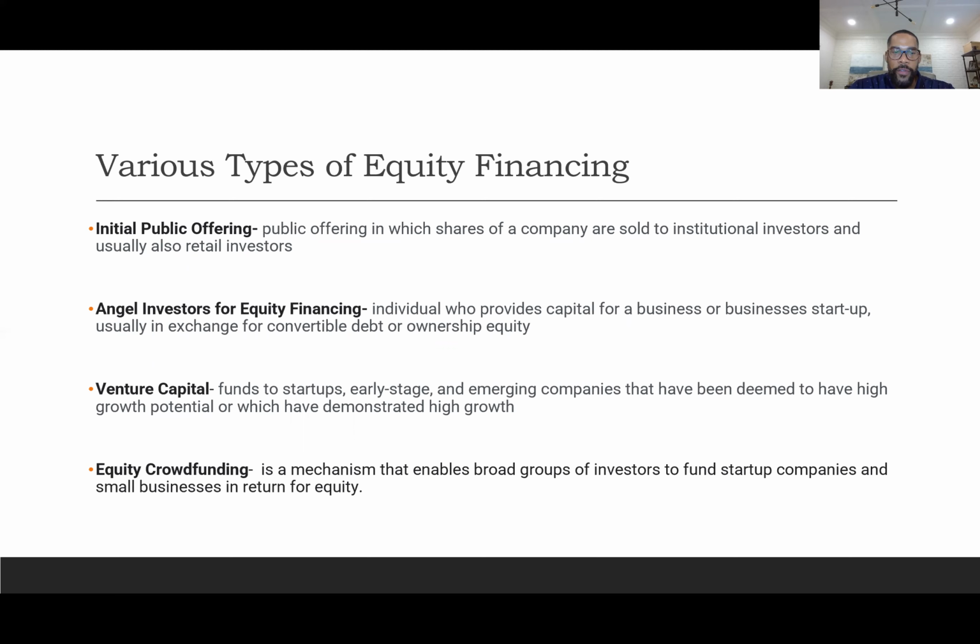Venture capital: funds to startups, early stage and emerging companies that have been deemed to have high growth potential or which have demonstrated high growth. And last but not least, equity crowdfunding, a mechanism that enables broad groups of investors to fund startup companies and small businesses in return for equity.